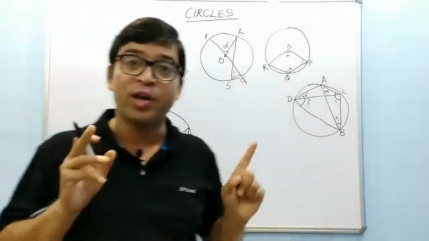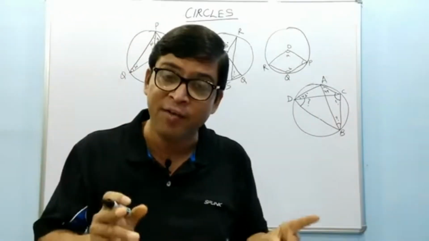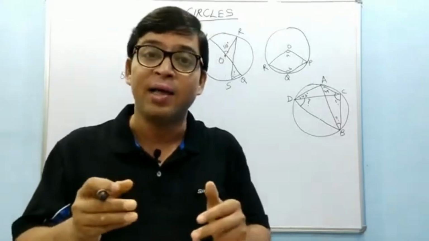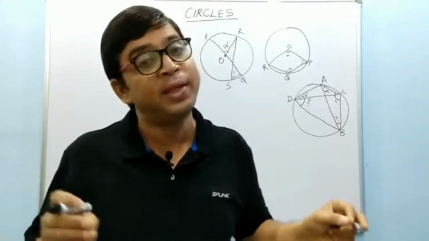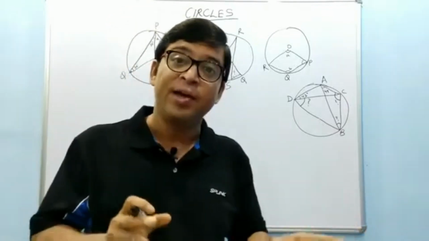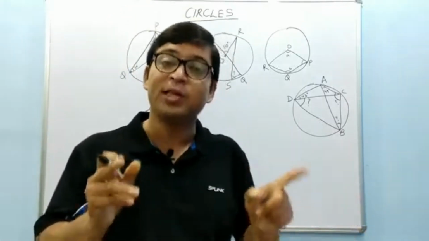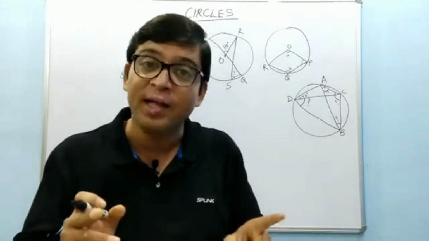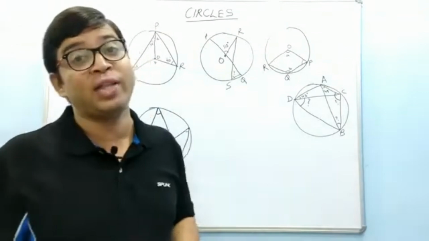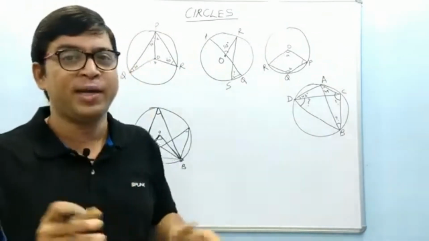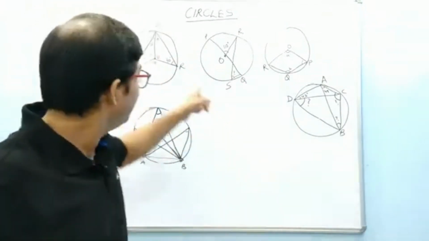So very important point, you notice wherever two lines are emanating from center, they are going to be the radii. And if luckily these are forming the two sides of the triangle, then it is definitely an isosceles triangle. Never ignore that property. That is a very basic property, nothing to do with the circle property.